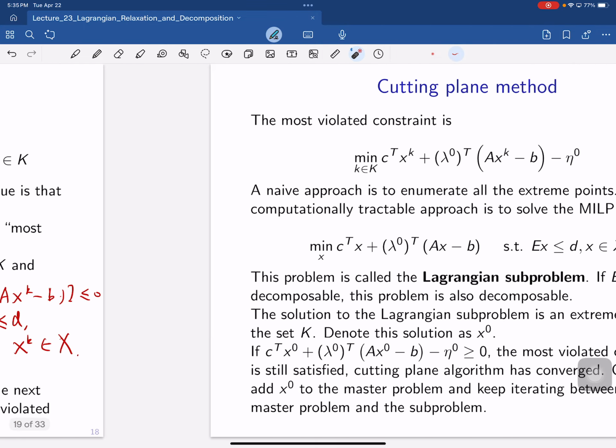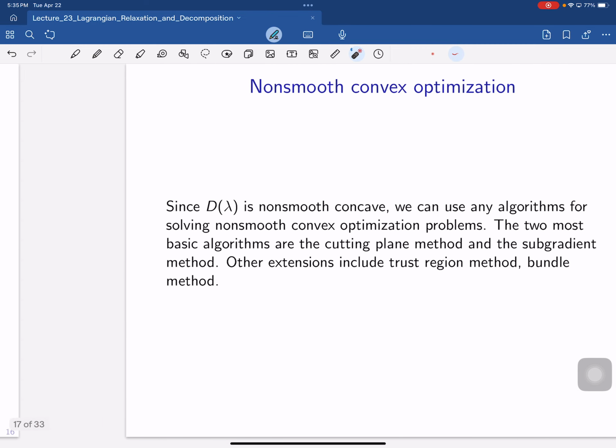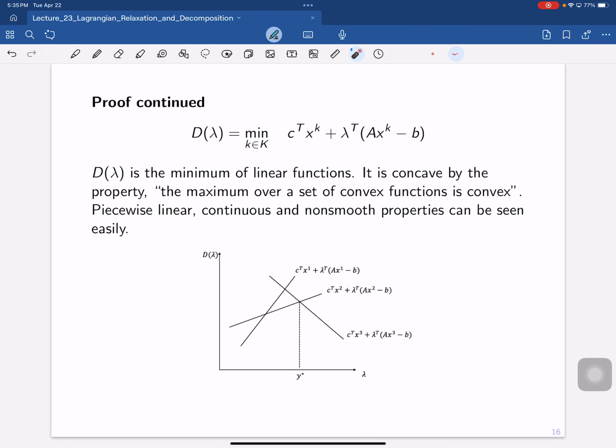So geometrically, what the cutting plane method does is, let's say you start with these two cutting planes, and you find the optimal lambda here. With this given lambda value, you find a violated cutting plane, and you add it back until you find there are no longer violated cutting planes, then you are done.